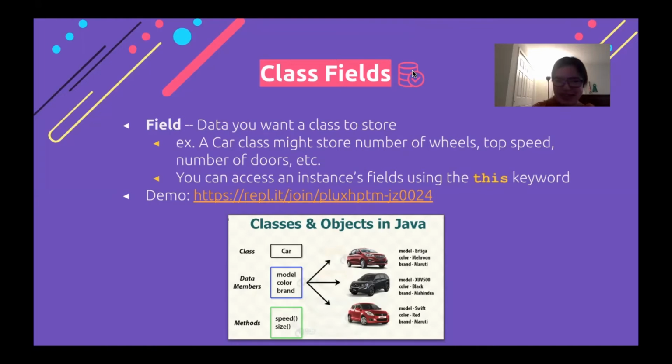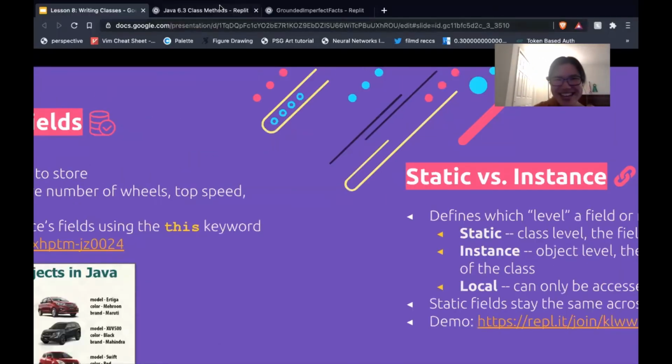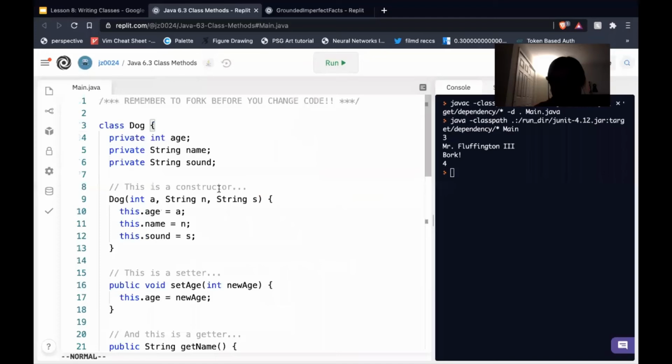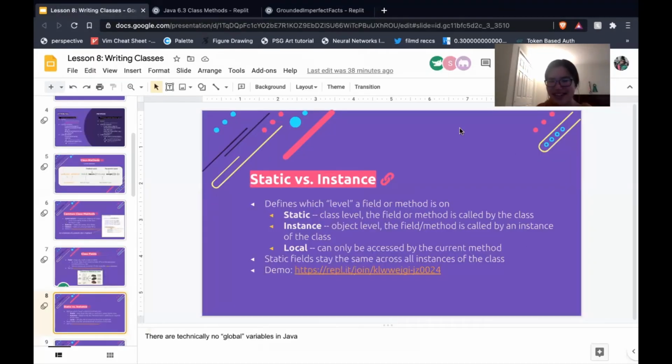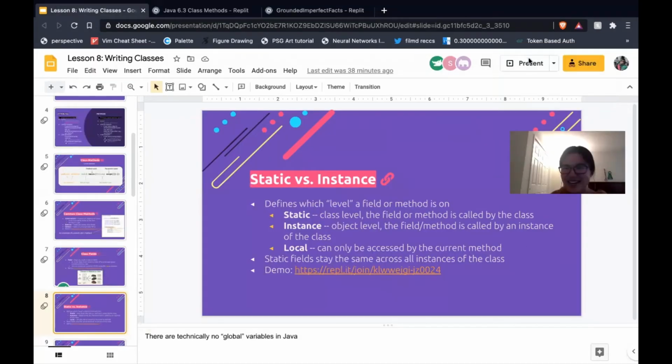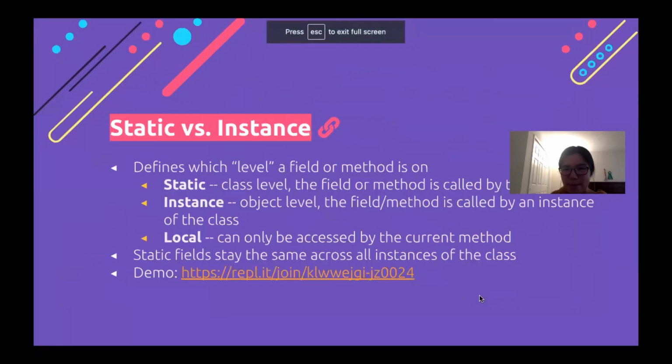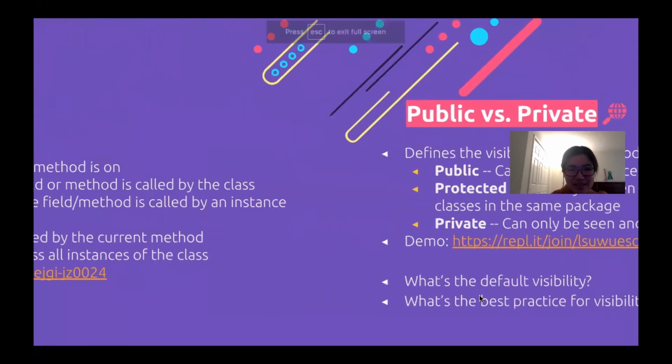Sometimes a lot of programmers, or even I do this, will pass into a method another variable called age, with the same name as an instance variable. And you can get these confused, especially without syntax highlighting.